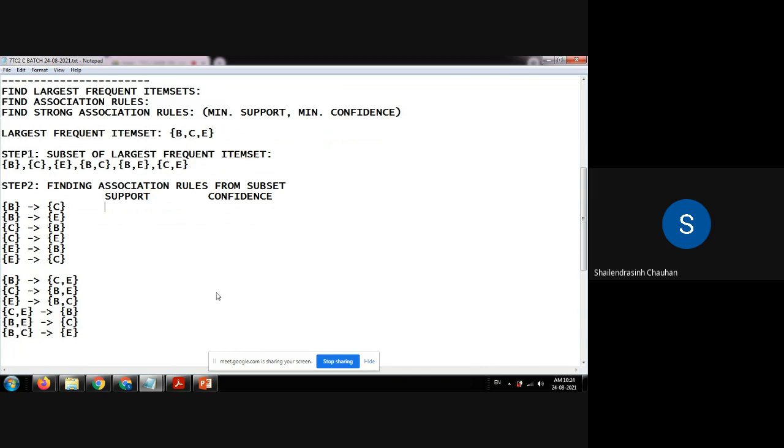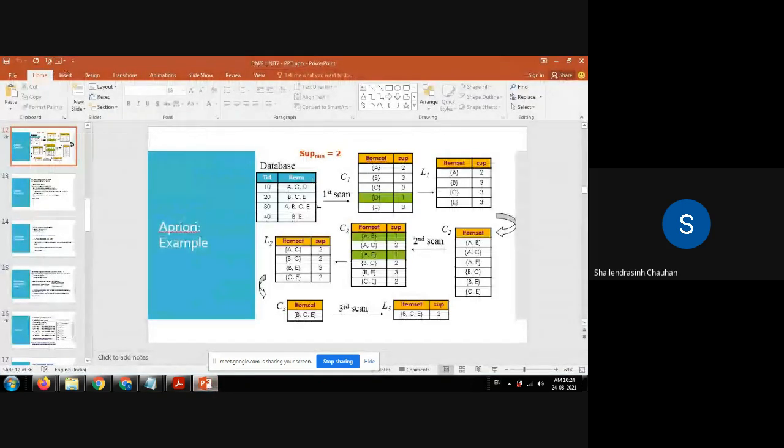And so how is it possible? So first of all, in this table, total how many transactions are there? 4 transactions. It will be helpful to find out support. Fine. So out of 4 transactions, if you want to find out support, then you need to consider all the transactions.